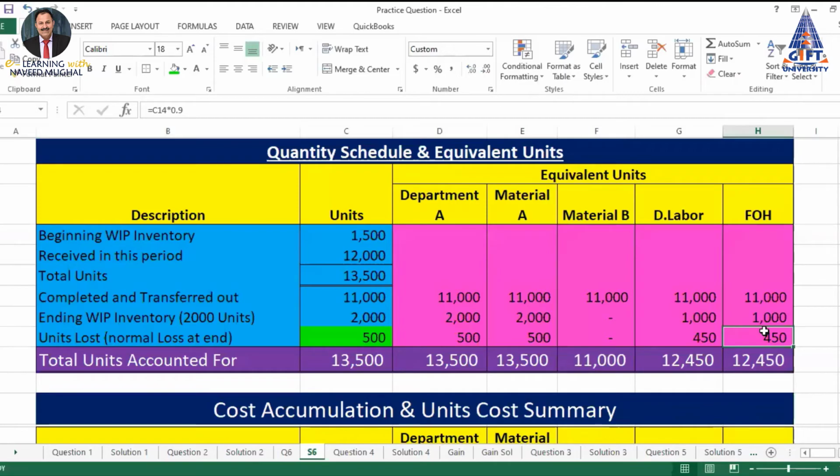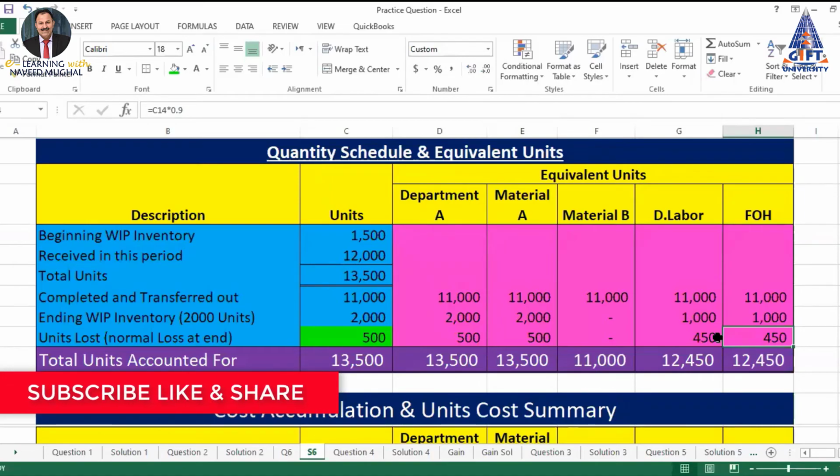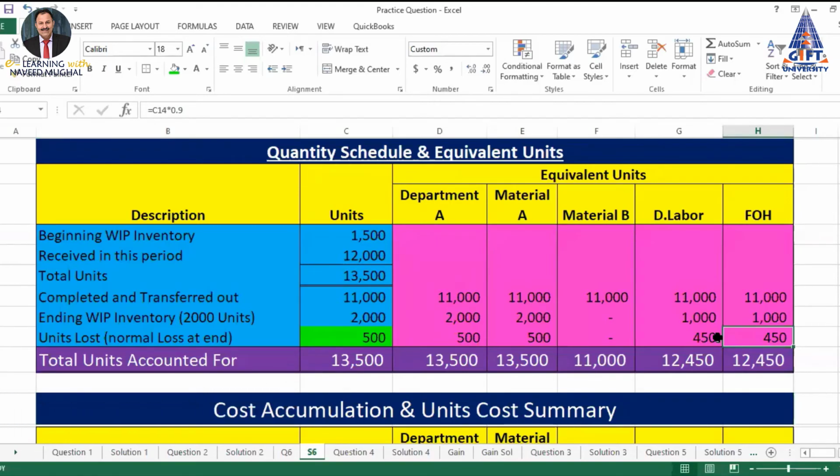They have completed the work, then they were lost. So in such a condition, you can have 100% figures over here, but I have used a 90% figure because it may depend on the information given in your question, or on the treatment of your lost units. If it is only given that the units are lost at the end of the process and no inspection stage is given, then you will write 500 over here, 500 over here.